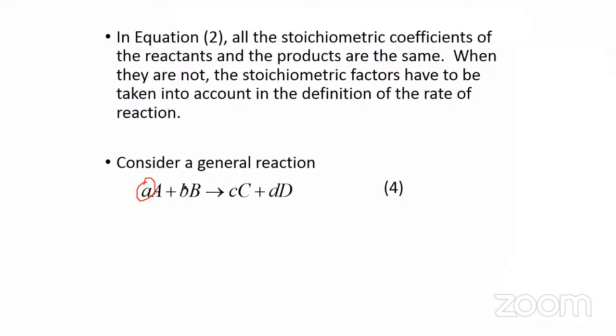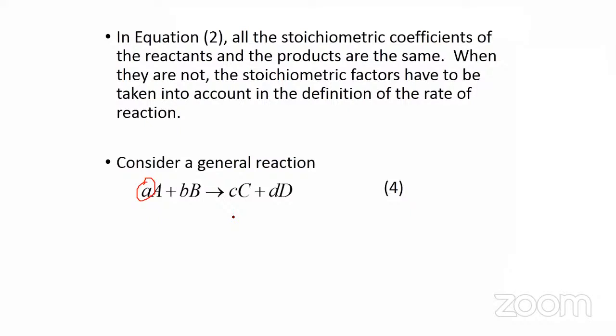Look at B. B, the lowercase b, can be 2, can be 3, can be 4. So it's not like equation 2 when we entered 1 mole of each of them to give C and D. This is a general expression. And again, it's undefined, take note, an undefined equation. But if I change A to nitrogen and I change B to hydrogen, then I'm having a defined equation.